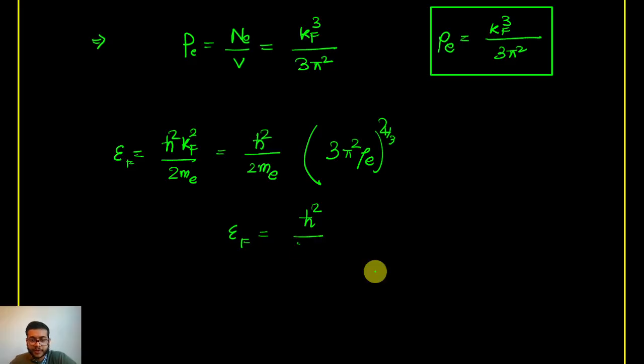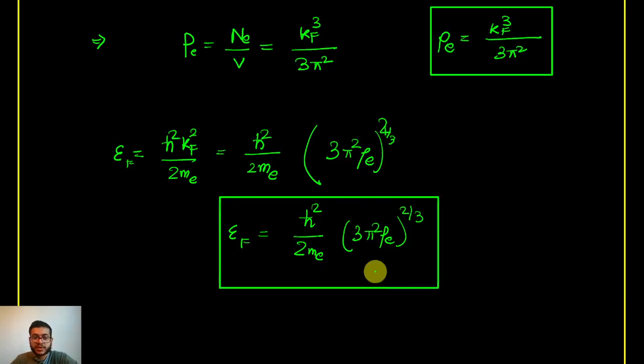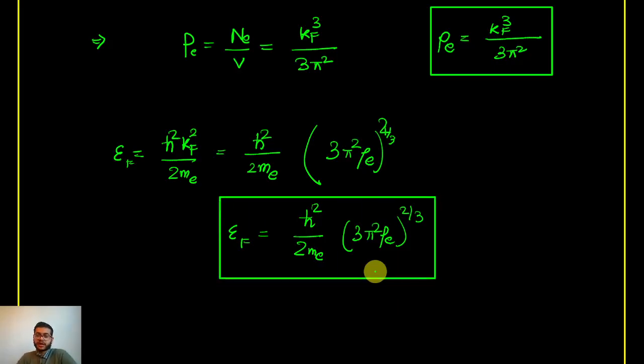We also got this result for the confined box system that we were calculating. So it's exactly the same thing, and we saw that even if we change the boundary condition, what we get is exactly the same. The relation between the Fermi energy and the electronic density has become the same thing.